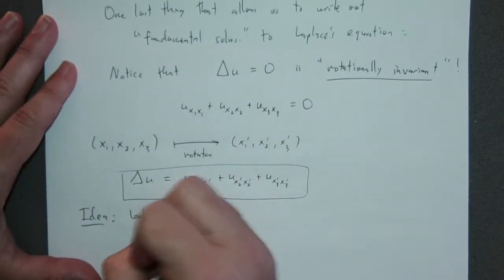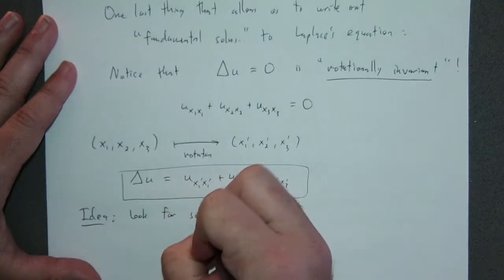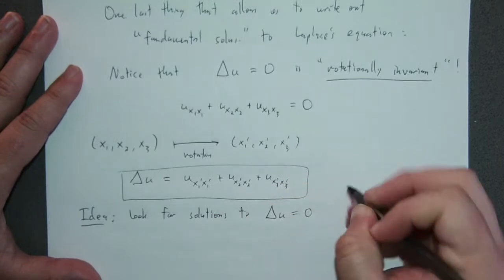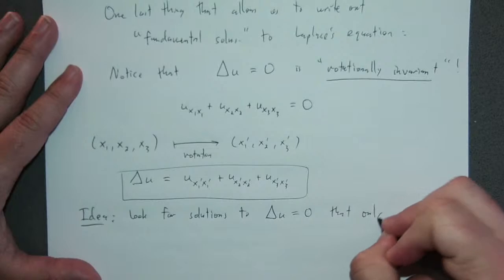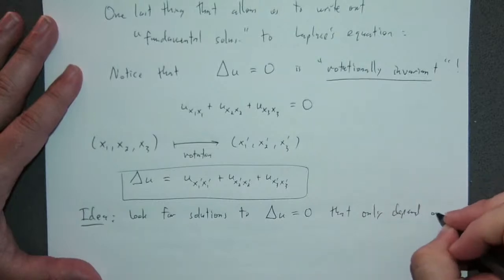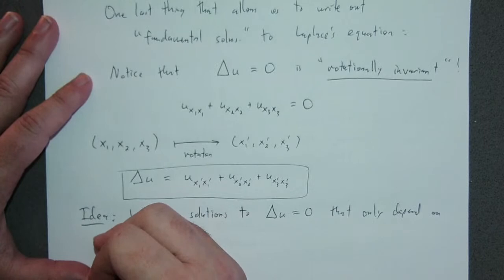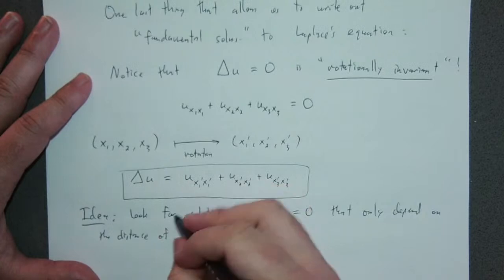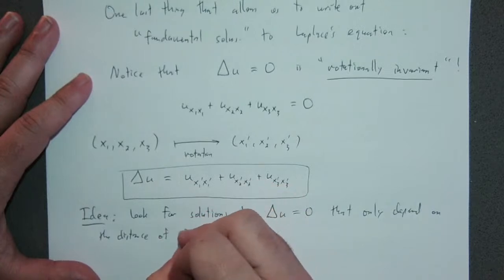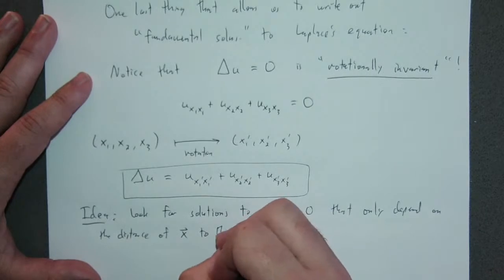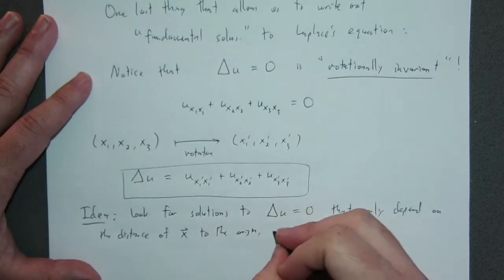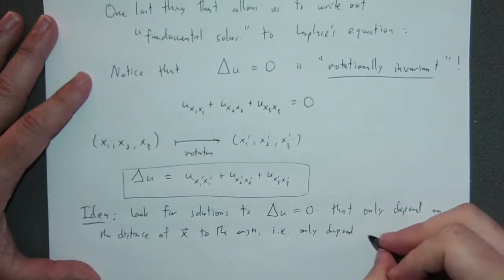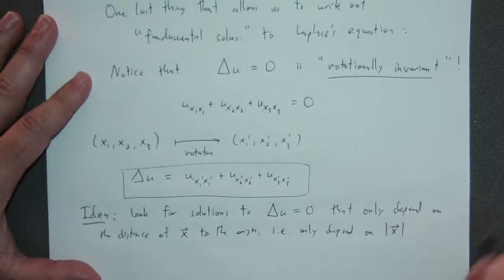So the idea is to look for solutions to Laplace's equation that only depend on the distance of x, your generic point, to the origin, i.e., only depend on the length of the vector x.